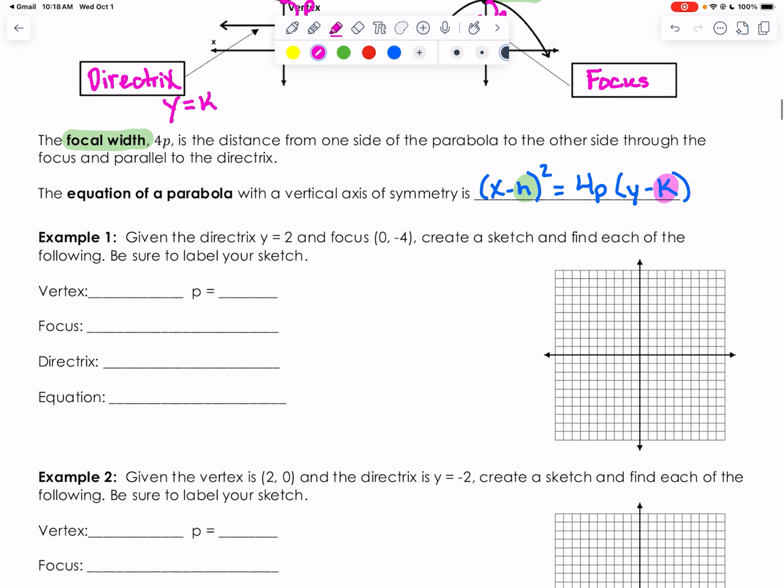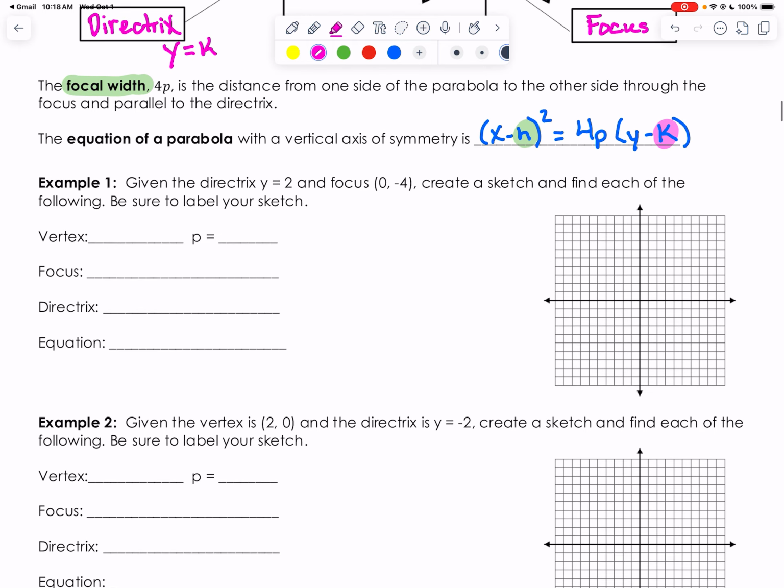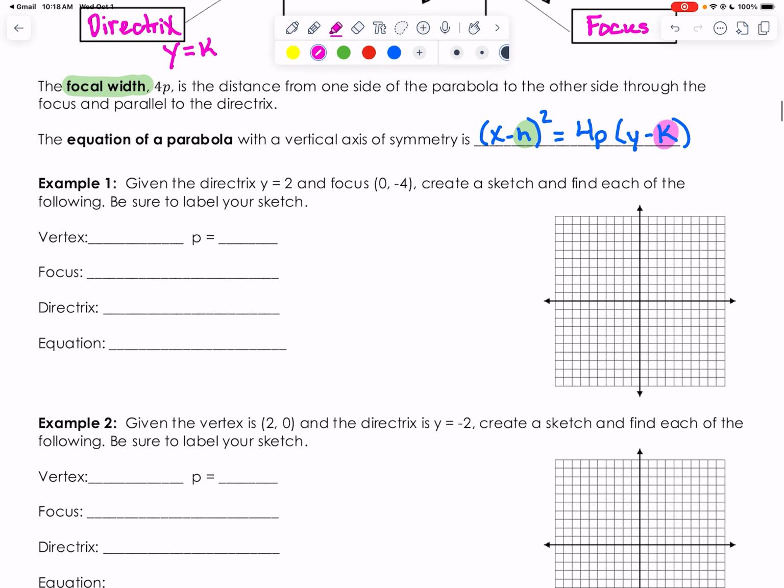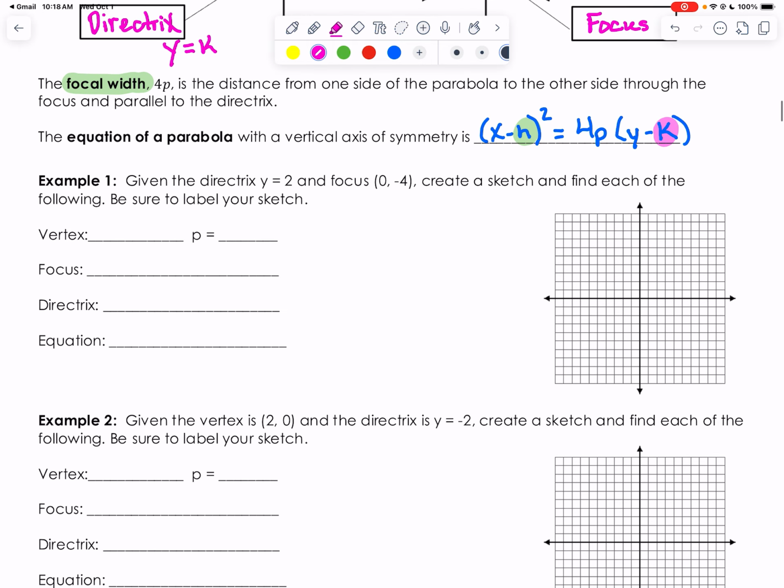You really need to do a couple of examples to become familiar with this formula and how to write the equations. So in example 1, it says, given the directrix is y equals 2, and the focus is (0, -4), create a sketch and find each of the following. Be sure to label your sketch.